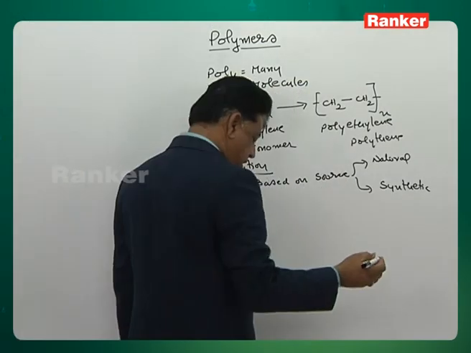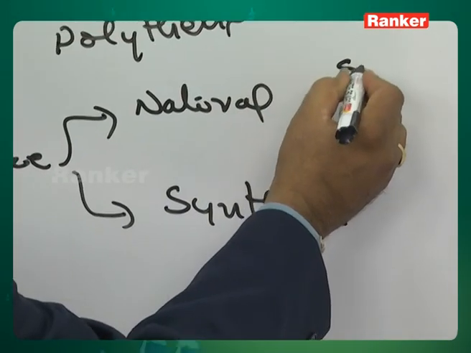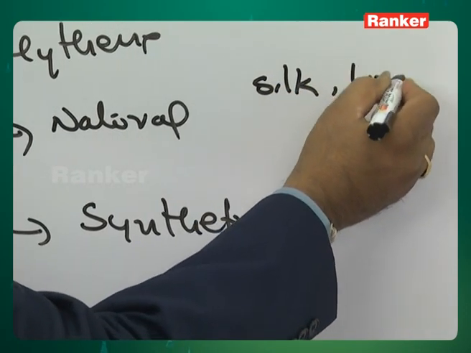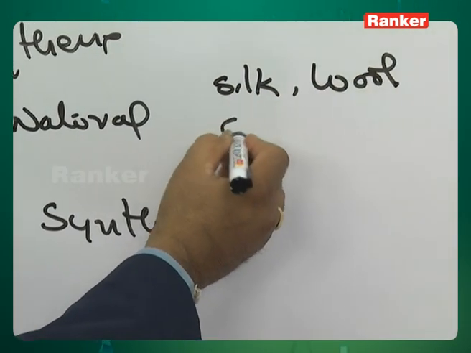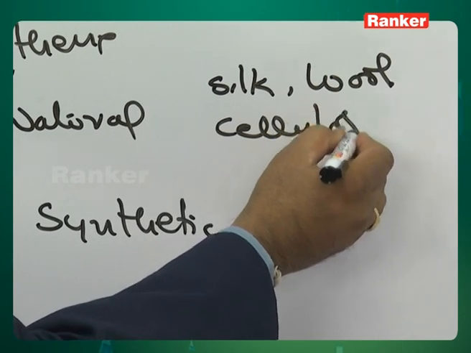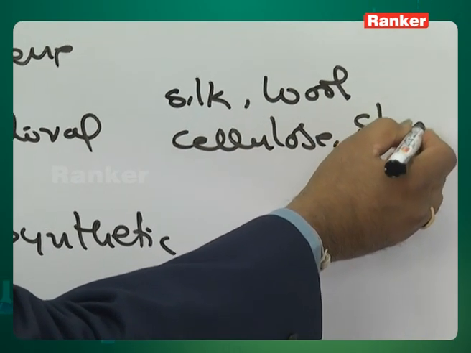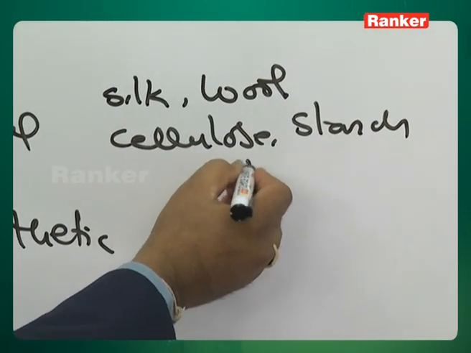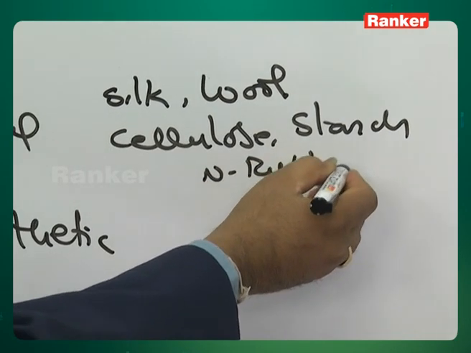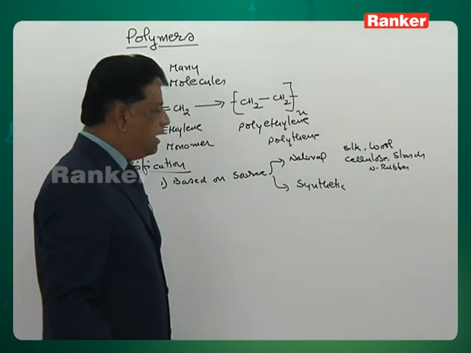Some of the natural examples are silk, wool, cellulose, starch, and natural rubber. These are all natural examples we have.